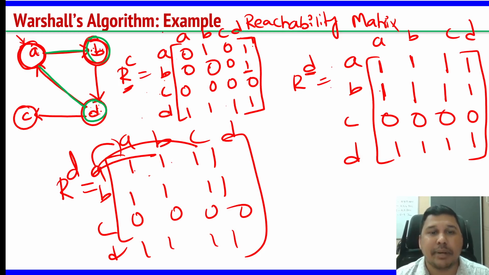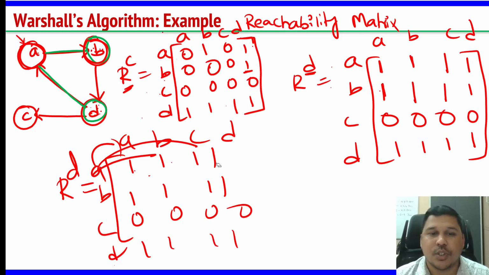Using some intermediate nodes, we can reach from A to all 4, from B to all 4, from C we cannot reach anywhere, because you see C is here. Is there any outgoing path from C? No, everything is inwards only, there is no outwards. So, I cannot reach A, B or D from C. Then fourth one, from D I can reach everywhere, I can go to A, I can go to B, I can go to C.